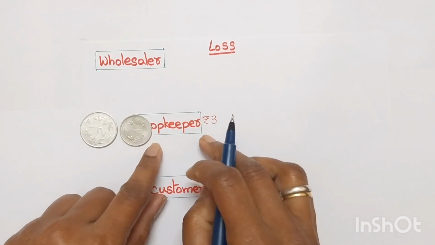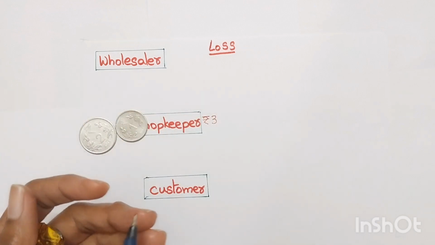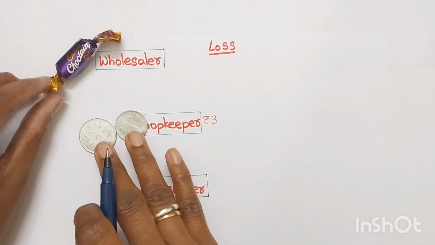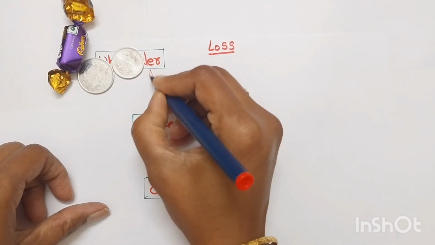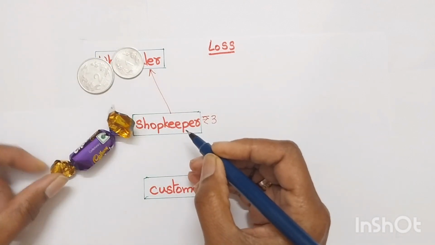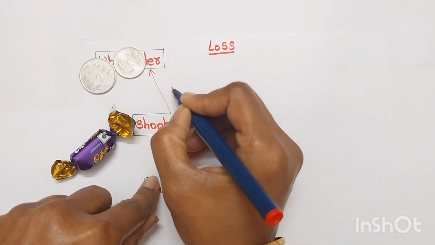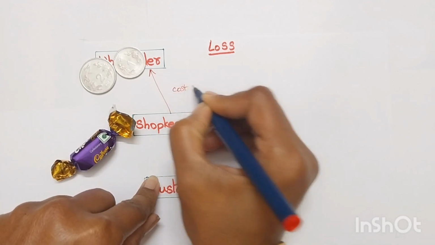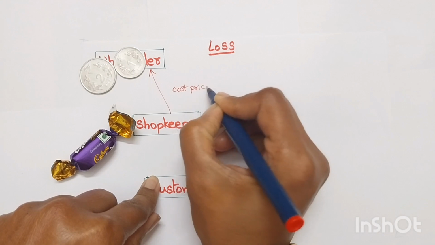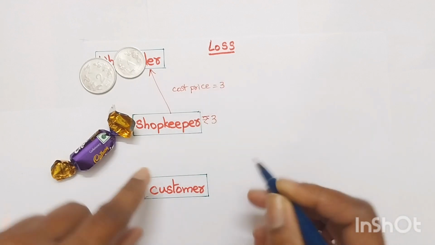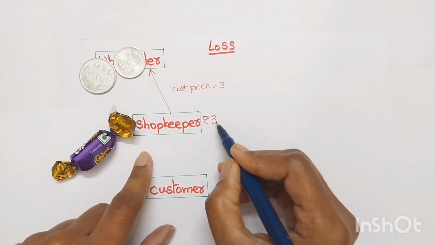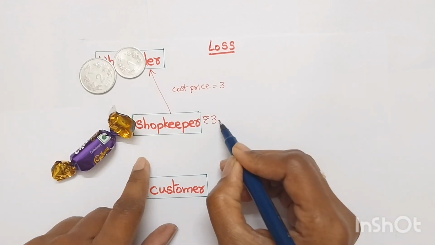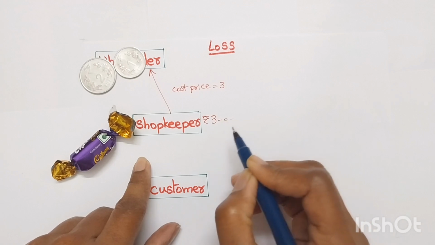This is his money. He went to the wholesaler and bought one chocolate for 3 rupees. So cost price equals 3. Now the shopkeeper does not have any money. His original money is 3, now he has 0.